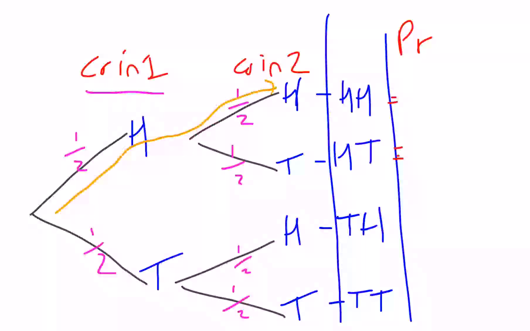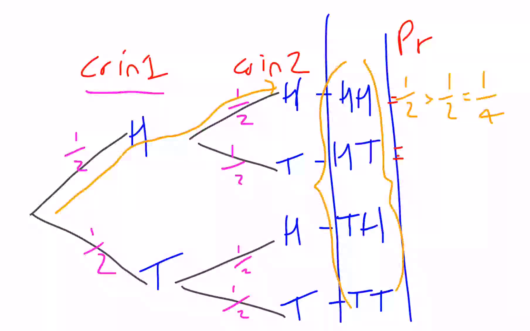The probability of getting 2 heads is 1/2 times 1/2. 1 times 1 is 1, 2 times 2 is 4, it's 1/4. And we can see that that was the case anyway. We have a sample space of 4 outcomes, and 1 out of 4 gives us the answer.